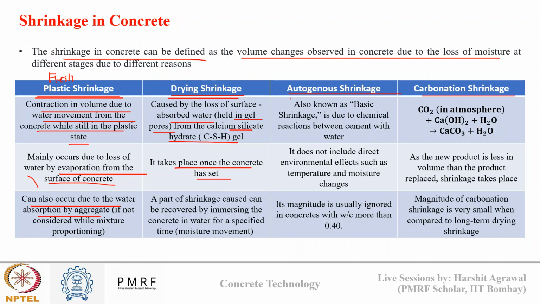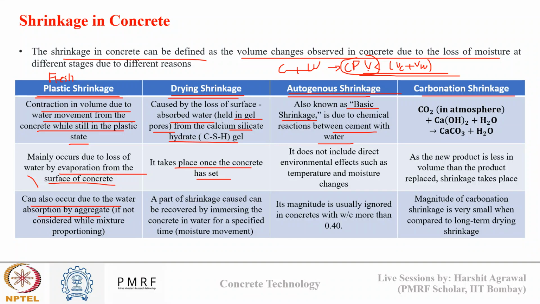Then we have autogeneous shrinkage. When cement and water react, they form a cement paste. The volume of cement paste is smaller than the combined volume of cement plus water. This is known as autogeneous shrinkage, or basic shrinkage, due to the reaction between cement and water.